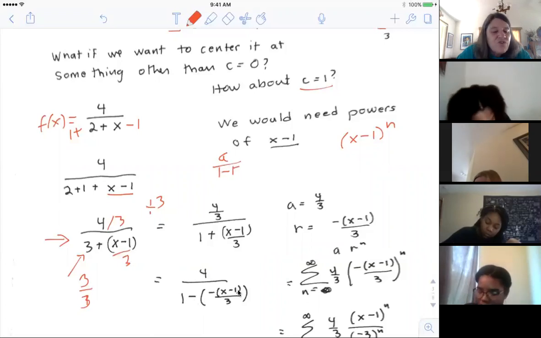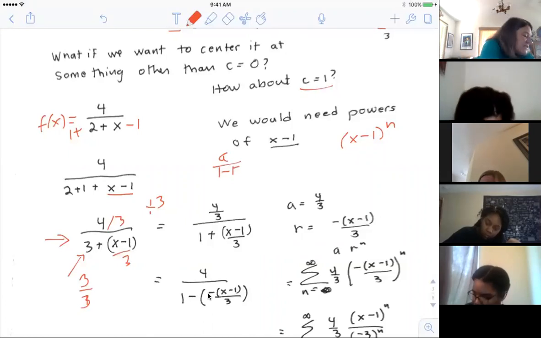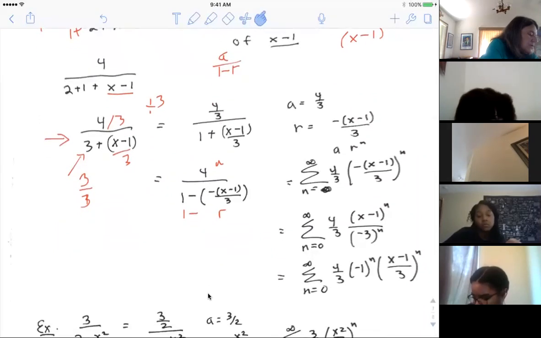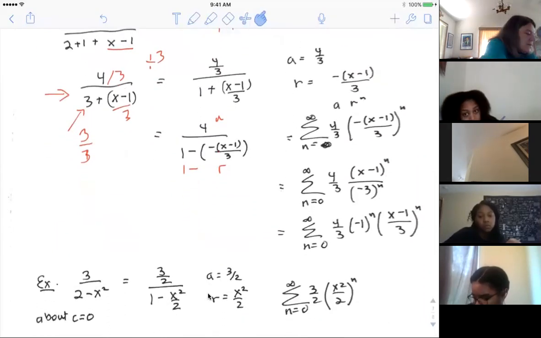I'm not going to distribute the minus through there, but minus a minus will allow me to do what I want. So now this is A, this is 1 minus, and this thing right here is R. A over 1 minus R. All right, let's keep going. So that tells me, again, that A is 4/3.